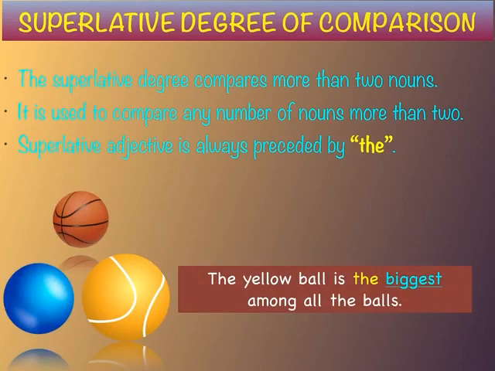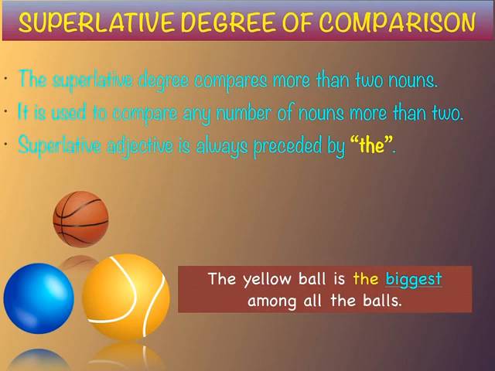Here you can see the image of three balls, and out of these three balls, the yellow ball is the biggest among all the balls. The word biggest is an adjective and it is describing the size of the yellow ball. And the size of the yellow ball is compared with the rest two balls in the image.